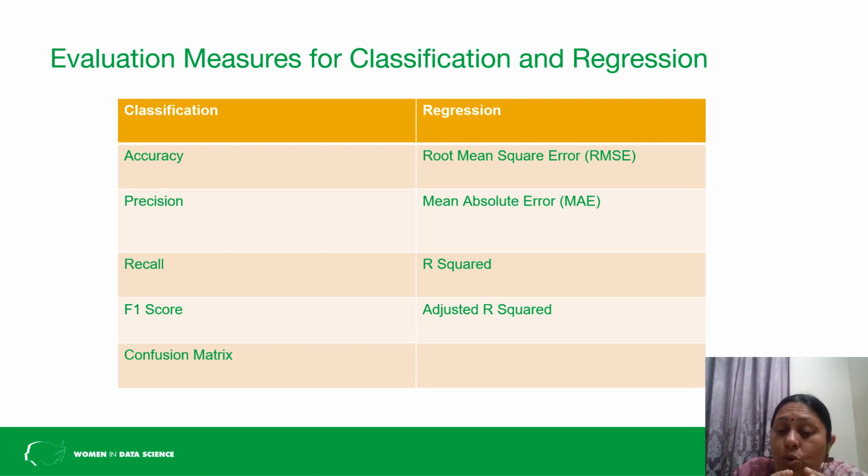When we are building a supervised model, we use the training data to make our model learn the patterns. Once the model is built using our training data, we need to check or evaluate the performance of the model. So what do we do? We divided our data set into training and test.